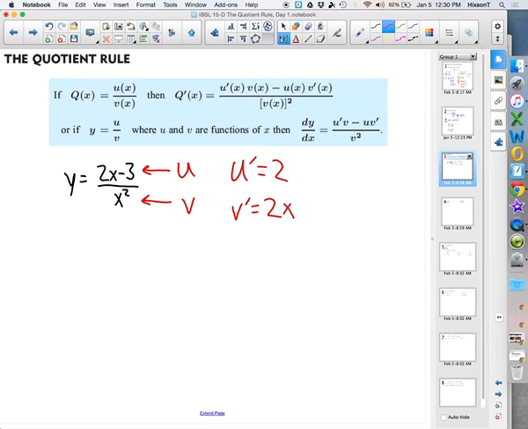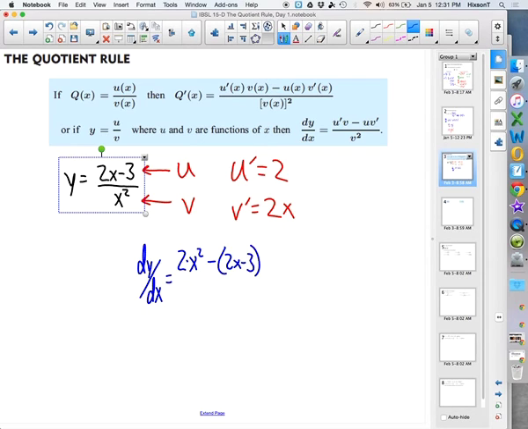And now we can plug it into our formula. dy dx equals u prime, 2, times v, x squared, which I don't need the parentheses for, so 2 times x squared, minus u, 2x minus 3, I do need parentheses there, times v prime, 2x, all over v squared.